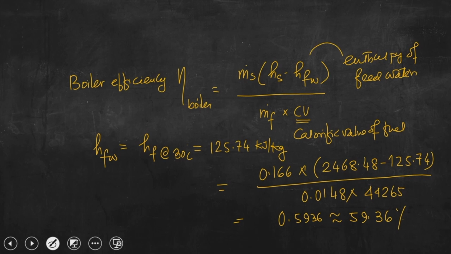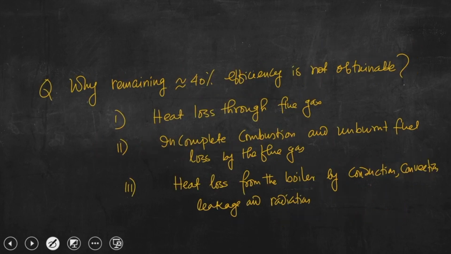That part is not going to be utilized. So, the incomplete combustion and unburnt fuel is lost by the flue gas. The fuel which is not utilized will be carried away by the flue gas, and that is again a loss.